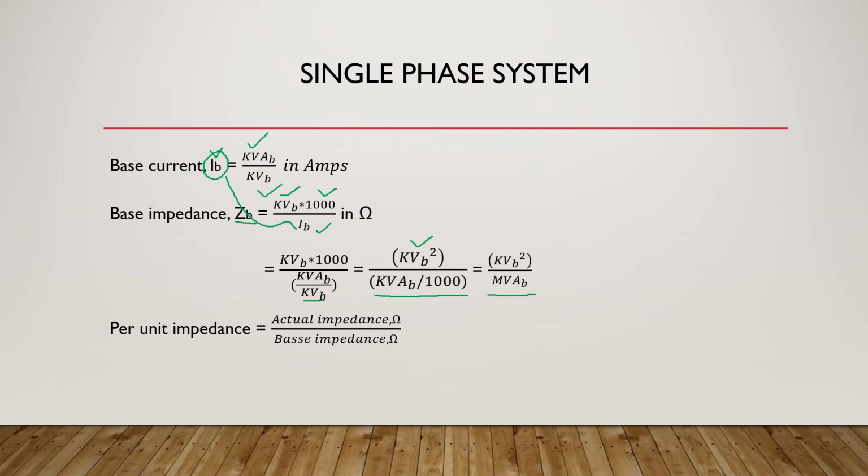That means we take the actual impedance in ohms divided by the base impedance in ohms. We got the values, so we can have the per unit impedance. Similarly, we can do calculations using per unit quantities, like per unit value for current, voltage and power. Like that we can find any quantity.